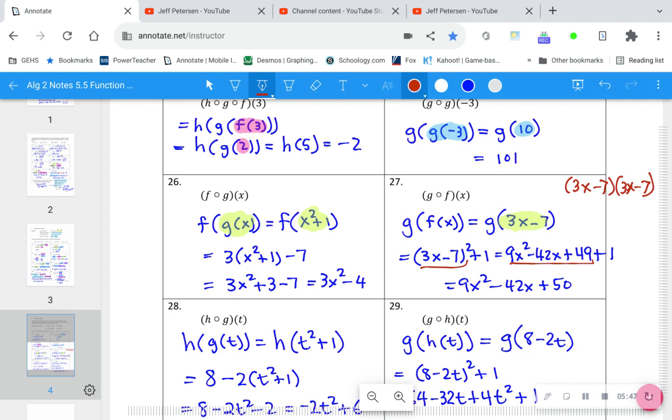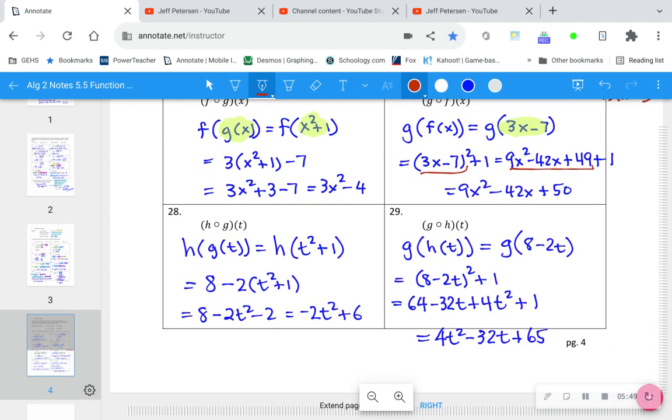All right, we've got 2 more here. We're going to do h o g of t, which is h of g of t. You don't change the order when you write it down. You just change the order in which you do it. So we start on the inside, g of t. When you plug t in for x in that function up there, instead of x squared plus 1, you get t squared plus 1.